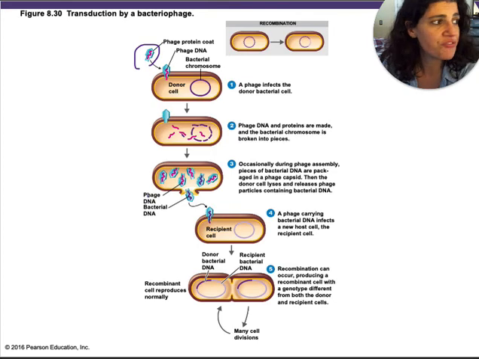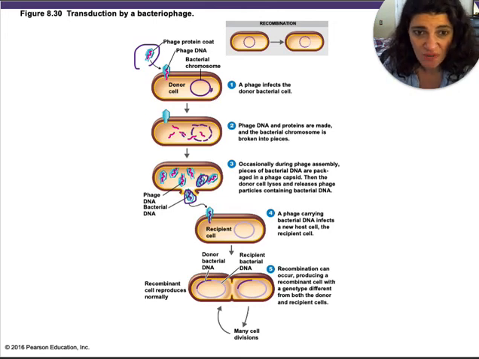But when the phage is formed, you see how the purple is the bacterial DNA? There are still some pieces of bacterial DNA in some of the virions that are being produced. And then this phage injects in a recipient cell a piece of DNA that came from the donor cell, not from the virus.